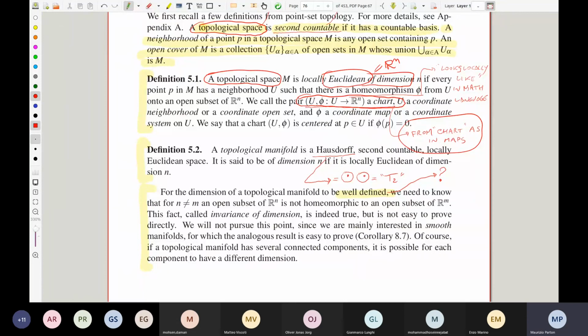But if you look around the city where you live, in the map, you will find that locally the Earth looks like that piece of paper, which is R squared. We are saying that the Earth is a two-dimensional manifold that locally looks like an open set of this map, and this is why it is called a chart.